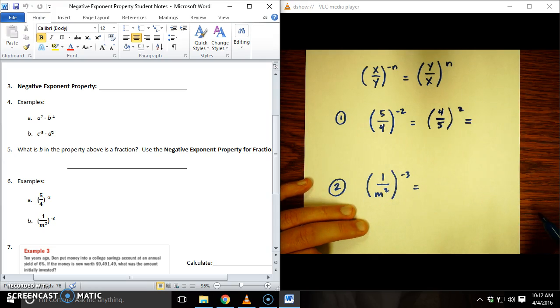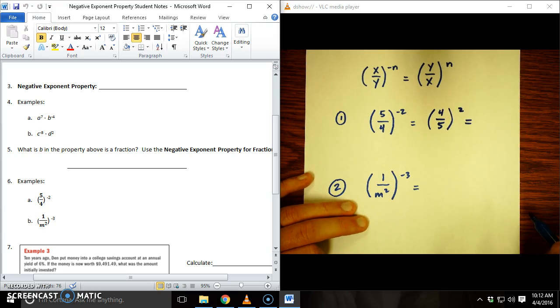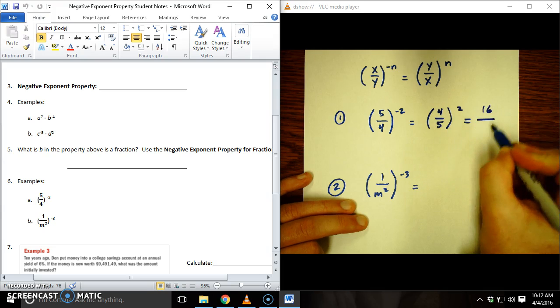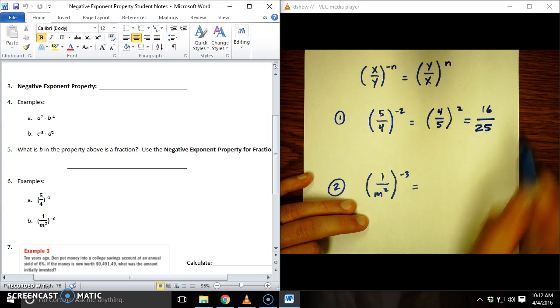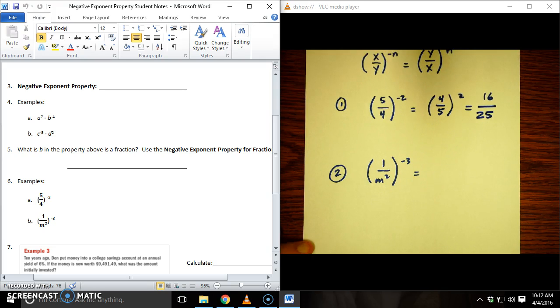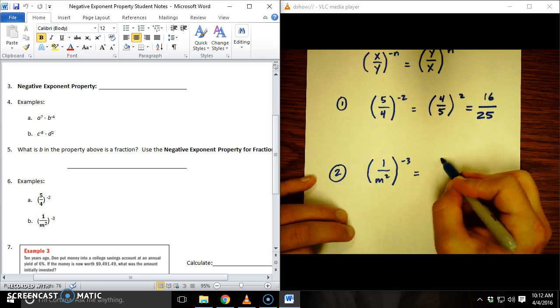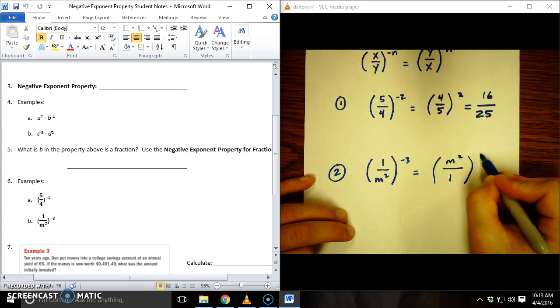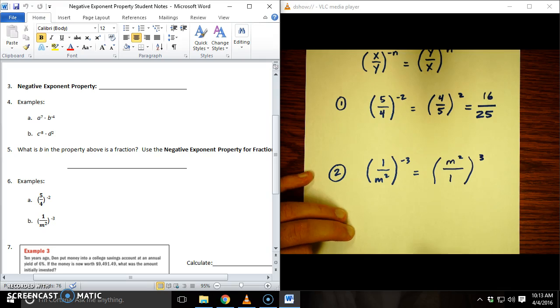And at this point, that's the only property we can use, but we could take each of these separately, and I could do 4 squared, which is 16, and 5 squared, which is 25. That's another exponent property in a different presentation, but for now, we'll just leave it at 4/5 to the 2nd power. What if I have variables? Well, I would write m squared over 1 to the 3rd, and then what happens with this?